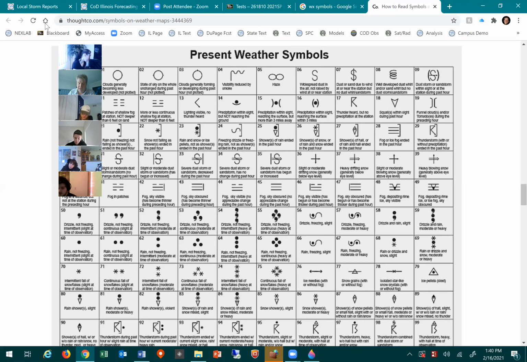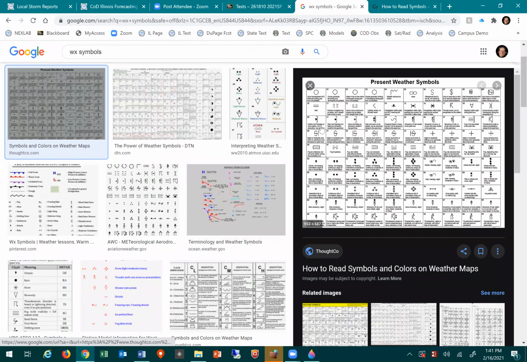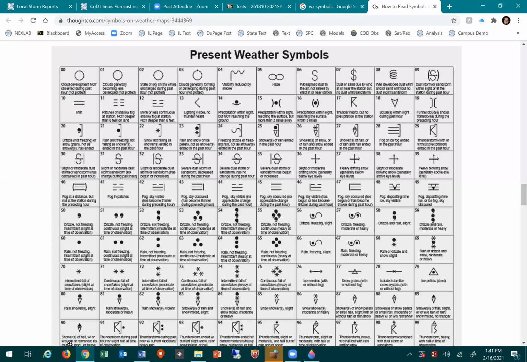Does that make sense? That's where we get showers. So when I go back to the weather symbols and I'm looking at this symbol here, that means it's raining. And the reason it's raining is because it's a cumulus cloud. And if it's a cumulus cloud, we call it a shower.